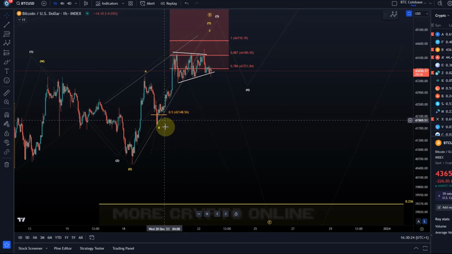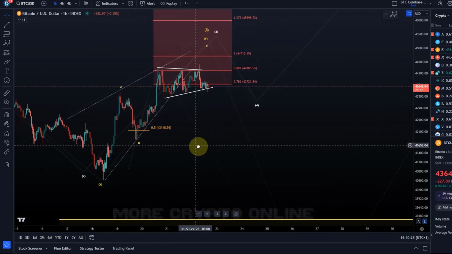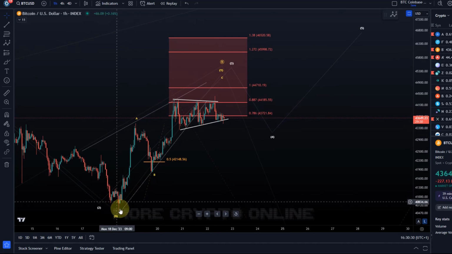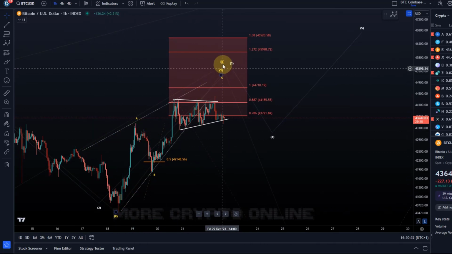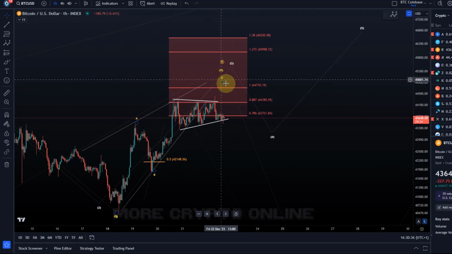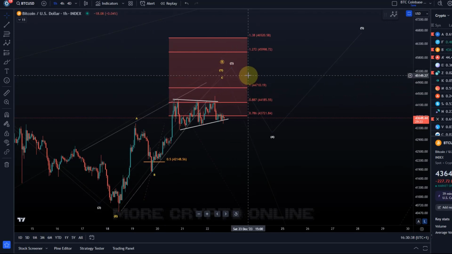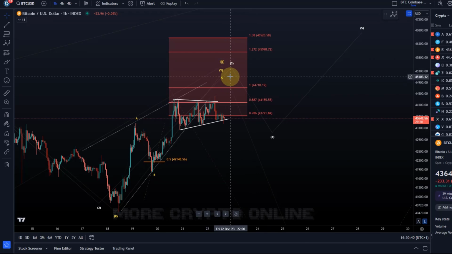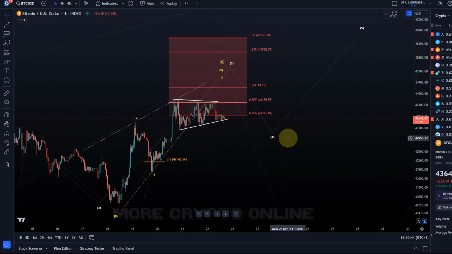That might differ a little bit from exchange to exchange. In the short term though, if we look at this structure and say, okay, we've got the WXY pattern in the B wave, in the Y wave we have an ABC, ideally 44.7 to 44.8k would be an ideal target. It's done what it needs to do, right? Of course, it can always turn to the downside. The trend, in my opinion, in this correction is down.